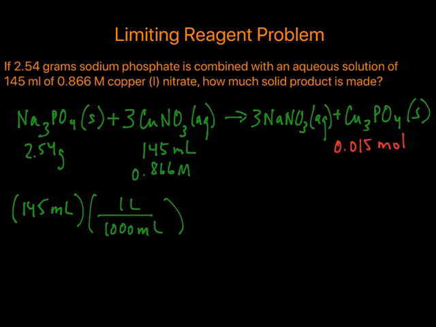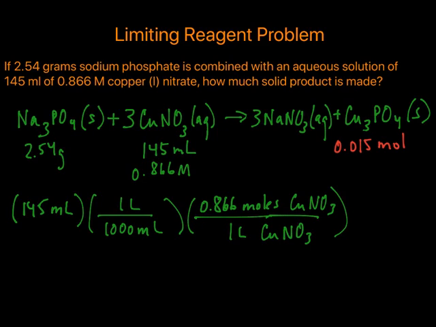We have the molarity of copper nitrate, so we know that 0.866 moles of copper nitrate is equivalent to 1 liter of copper nitrate solution. That is the definition of molarity. So by doing this, we'll get how many moles of copper nitrate we have. So this will give us 0.126 moles of copper nitrate.